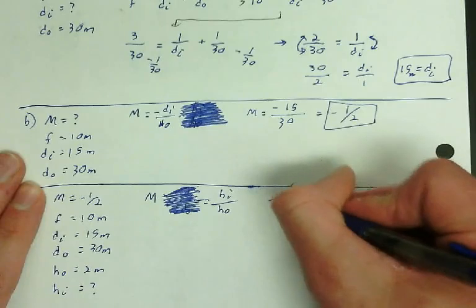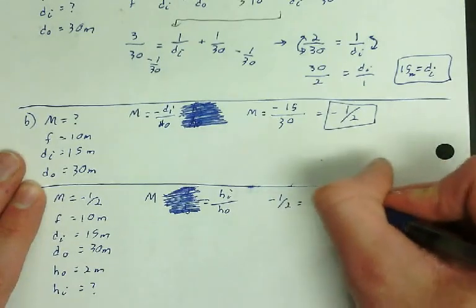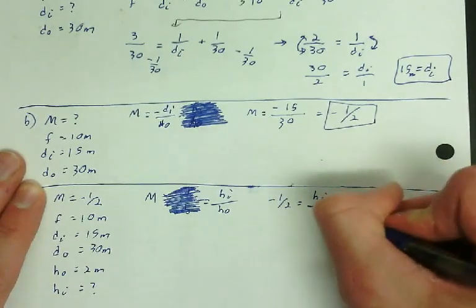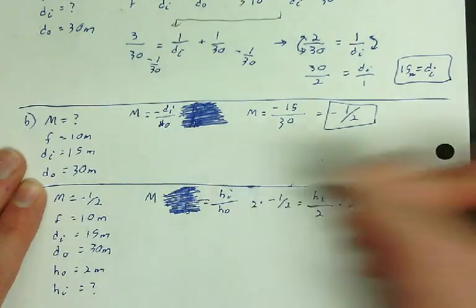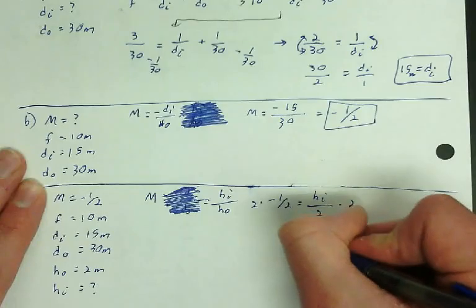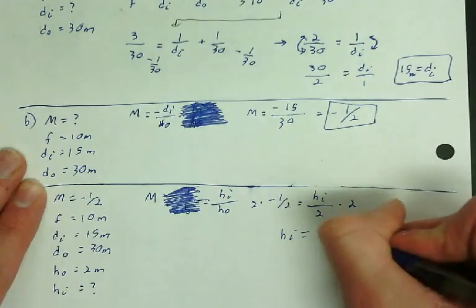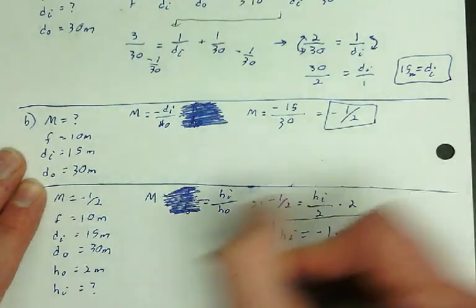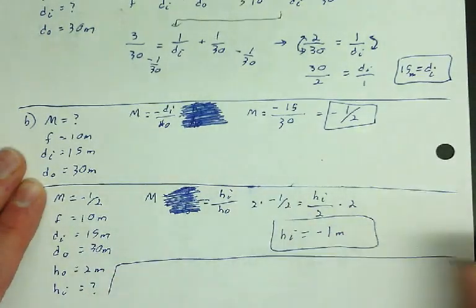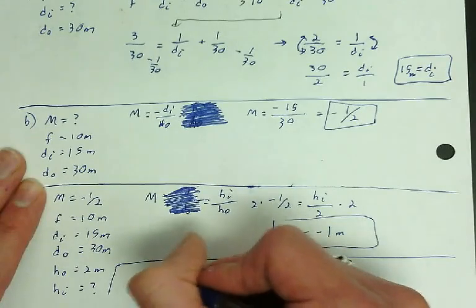So negative 1/2 equals hi over 2. 2 goes to both sides. And we get hi equals negative 1.